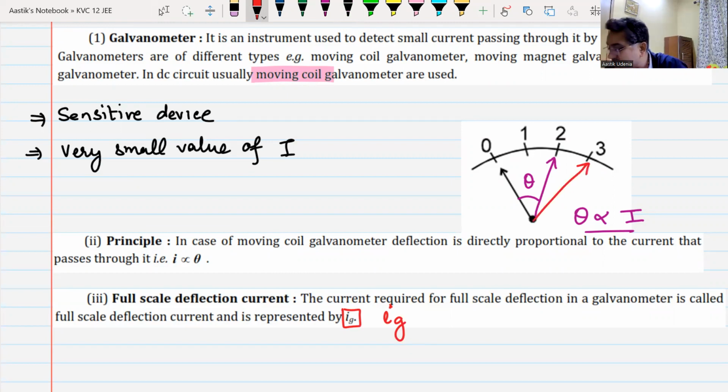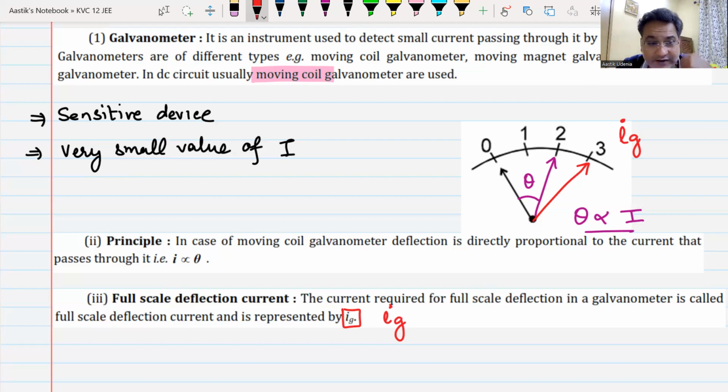If the galvanometer has only 3 readings, the 3 here will be the full scale deflection current. If a current comes in the galvanometer which is more than this full scale deflection current, obviously the galvanometer will be damaged. Do we understand this? Yes or no? So this is known as the full scale deflection current.